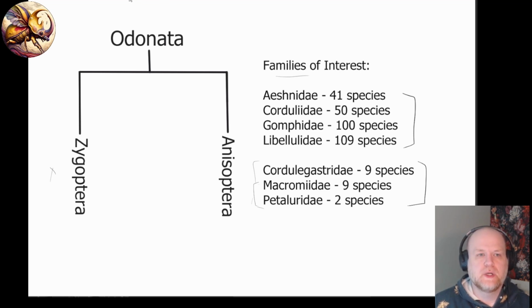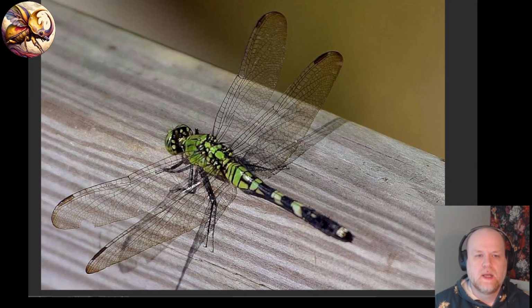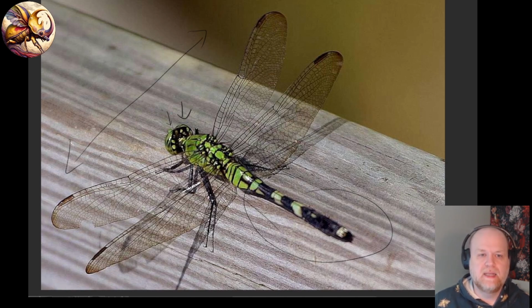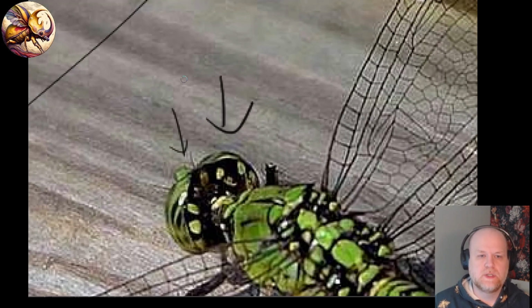To touch on what we've already talked about, how to identify a dragonfly in general: the wings are usually held horizontally when at rest. You have a long, thin body, generally a tapered, thin abdomen. The eyes are enormous because they're visual predators. They are all predatory. They have tiny little antennae. If we zoom in here, you can see these little thread-like structures. Those are the antennae.